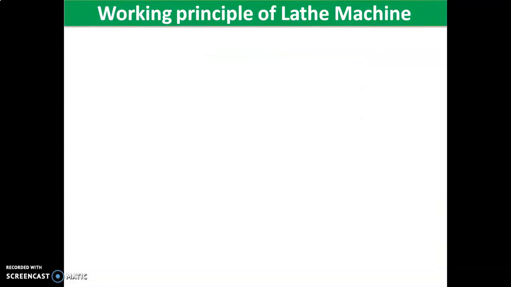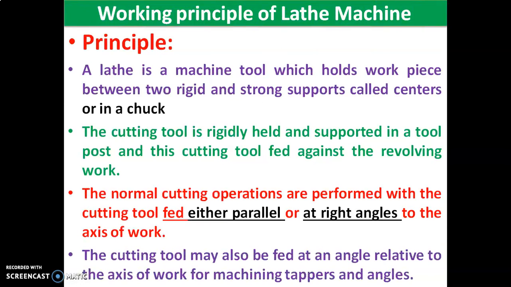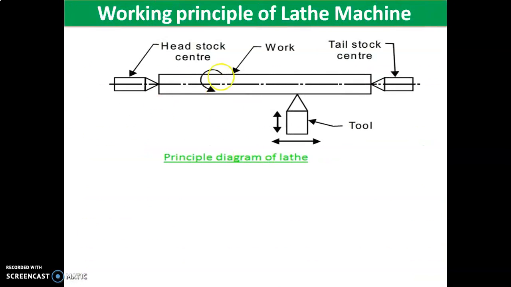See here, once again observe this diagram. The principle of the lathe machine is: a lathe is a machine tool which is used to remove material from the workpiece in the form of chips with the help of a cutting tool.